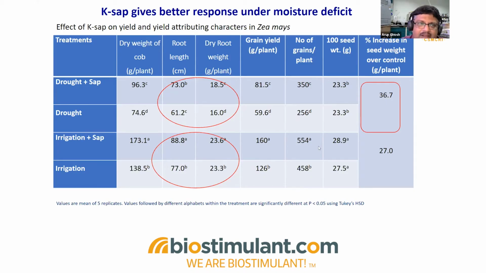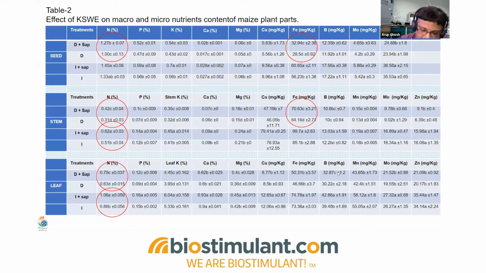But if you see the overall grain yield, it is always higher in irrigated conditions. So what I was stressing is that the percentage of decrease can be controlled by application of this biostimulant under abiotic stress condition.